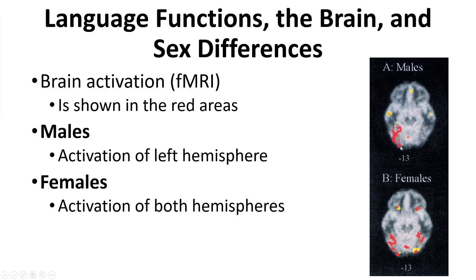So that lateralization, only the left side being involved. And in females, hearing speech, you see activation on both sides. So you end up with this generalization where both hemispheres are active, not just one. And so that's our evidence for sex differences in our production and perception of language.